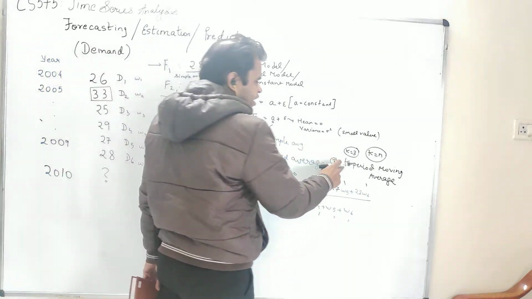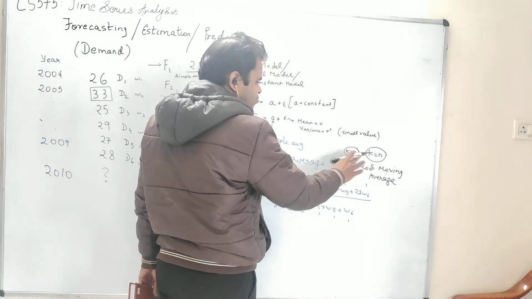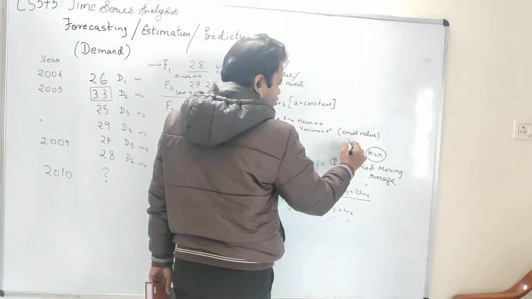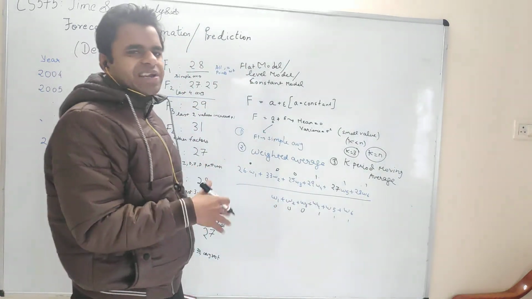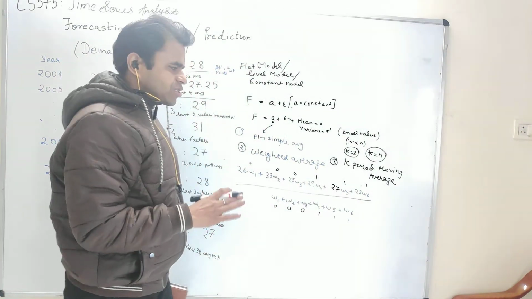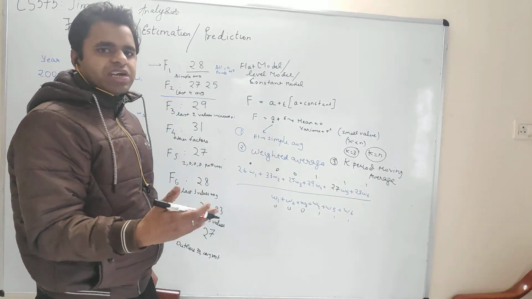Normally when we have a K period moving average, we assume that the value of K is less than n. Only then does it make sense, or else we directly use the simple mean. So that's it for this lecture. We will see more details in the next lecture.